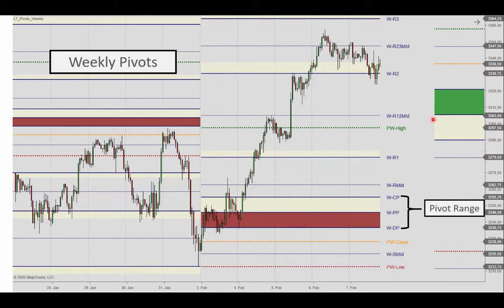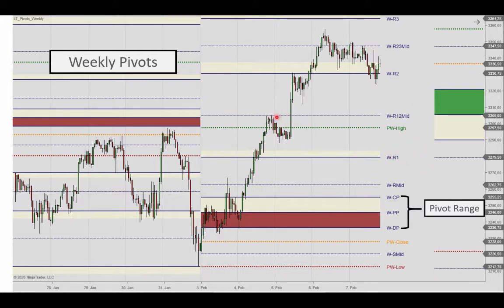Then we have also here added mid-pivot levels. They are exactly what they sound like. They're midpoints between the regular pivots and particularly useful on higher time frame pivot charts. So a weekly chart like this or a monthly pivot chart, because otherwise these levels are quite far apart.